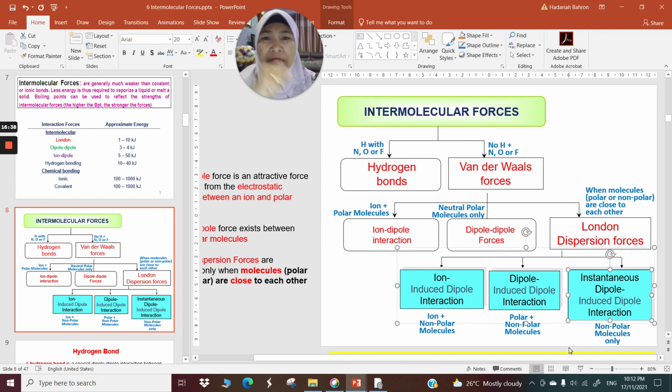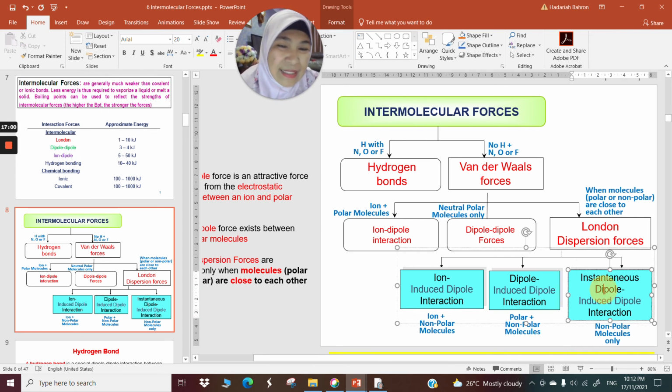Now, when a temporary dipole is created within a non-polar molecule, it will have an effect on the next neighboring non-polar molecule. It will induce some kind of polarity within the neighboring molecule. So you have an instantaneous dipole.